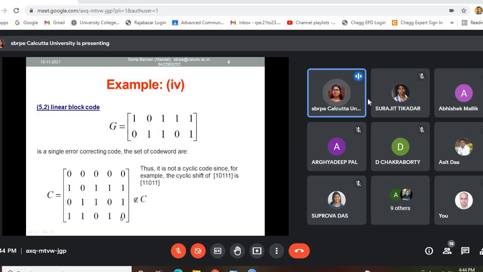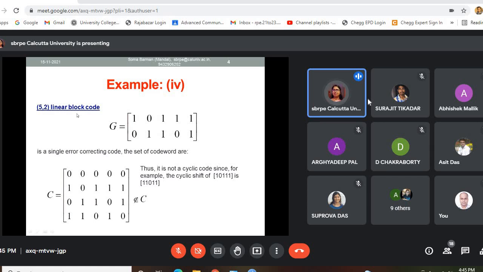So that circularly shifted code word is not within the code C. So obviously, as it satisfies the first property but not the second property, this 5-2 linear block code does not belong to the cyclic code.